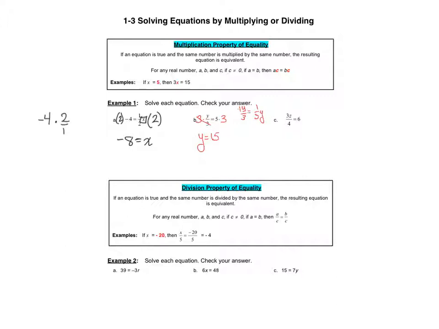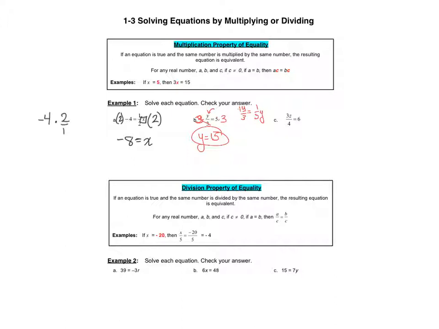These are actually equivalent to each other. Y/3 is equal to 1/3 y, and so to get rid of the reciprocal of 1/3, we would multiply both sides by 3, which is what we really did here. So y equals 15 is correct, and you can plug that 15 into the y spot. Well, 15 divided by 3 is 5, so that's definitely correct.